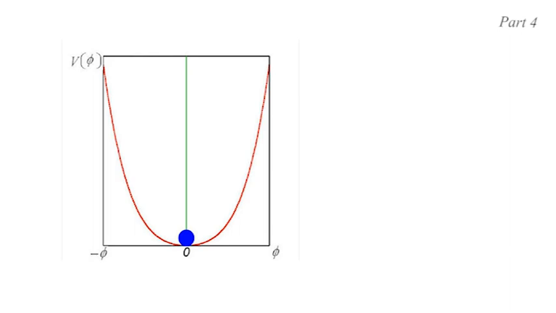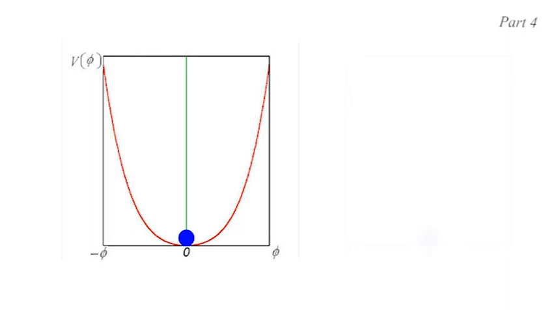Changes in phi around the 0 value will produce small oscillations at this place, which are perturbations of its physical state. In other words, slight changes in the scalar field phi will produce slight changes in the potential energy V and will give rise to a disturbance of the field. The adjacent point in space-time will feel this disturbance.